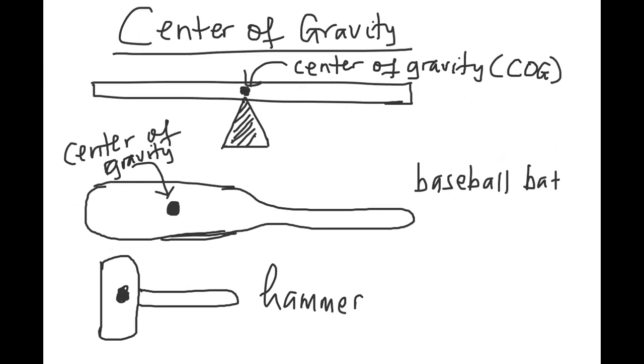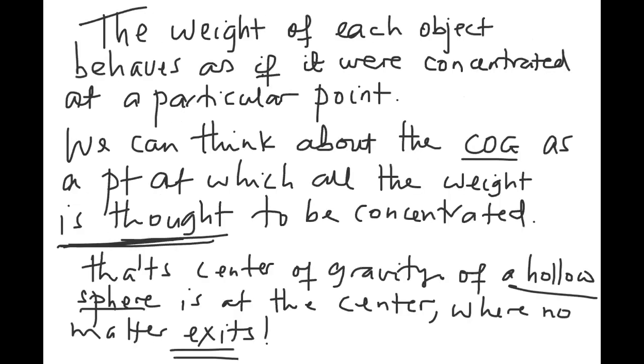The center of gravity can be thought of as a point at which all the weight is thought to be concentrated. And because it's just a thought, it can be at a site where there is no matter, just like a soccer ball, a hollow sphere.